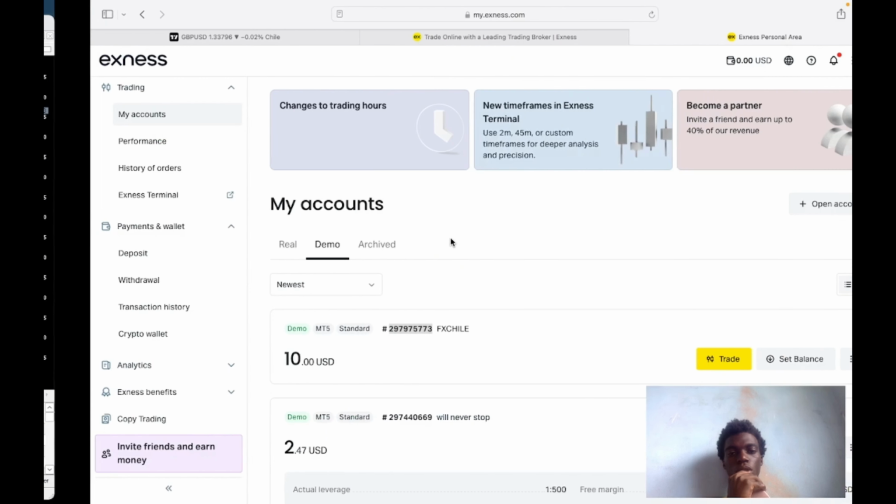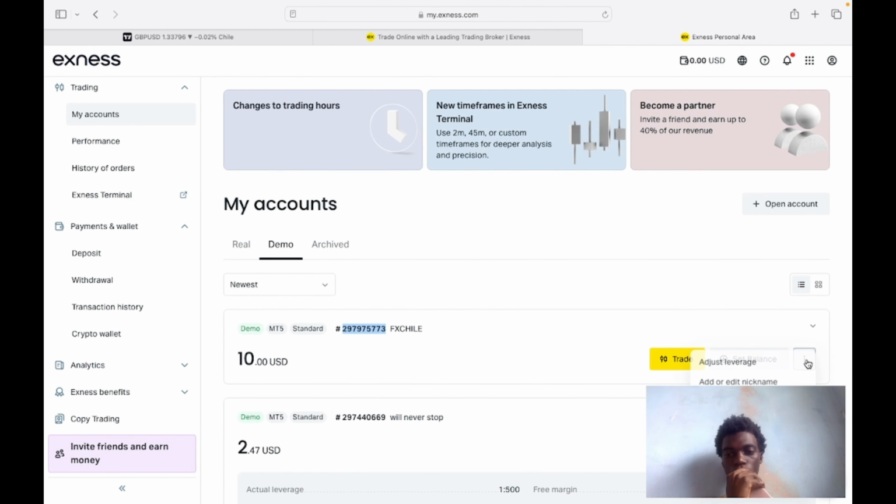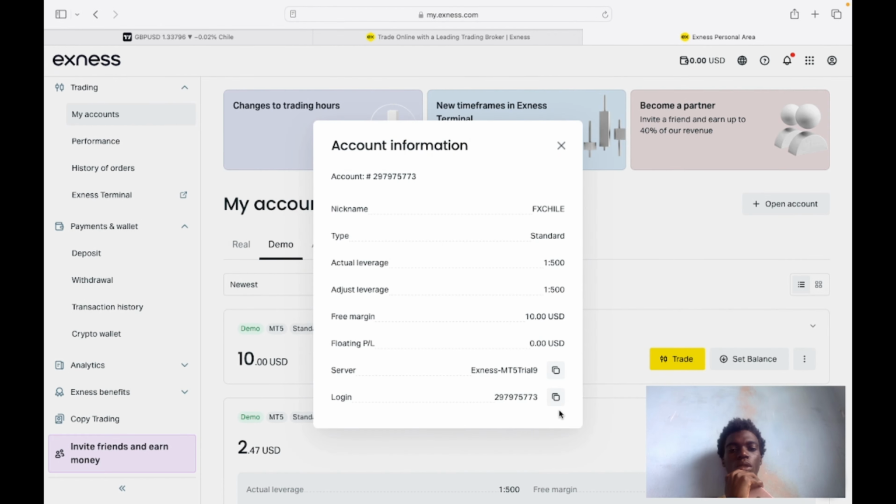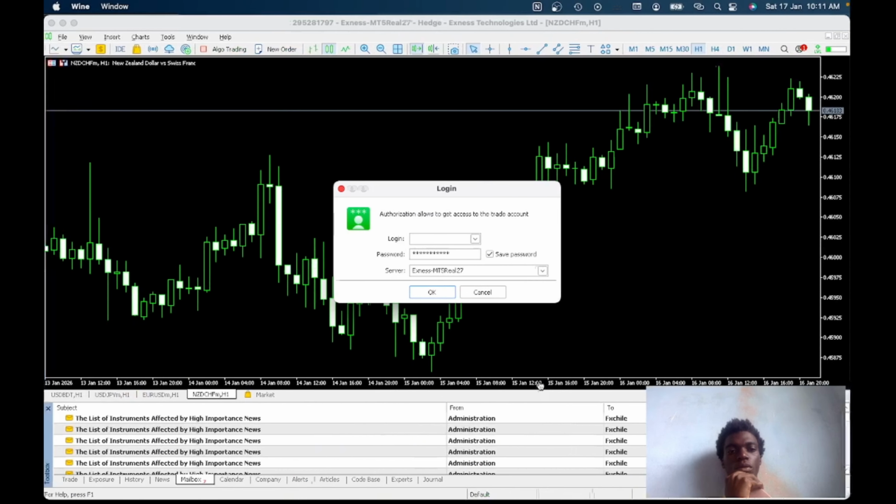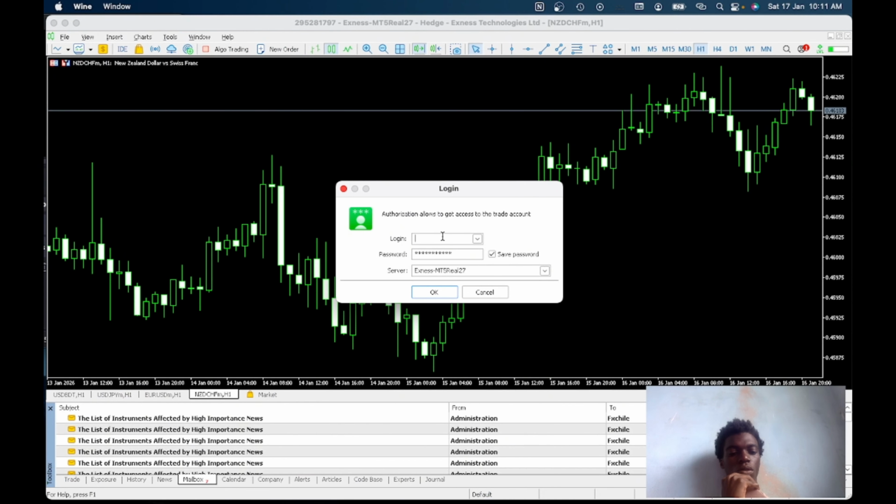I never copied. Account info, so we need this. Paste, and I enter the password.